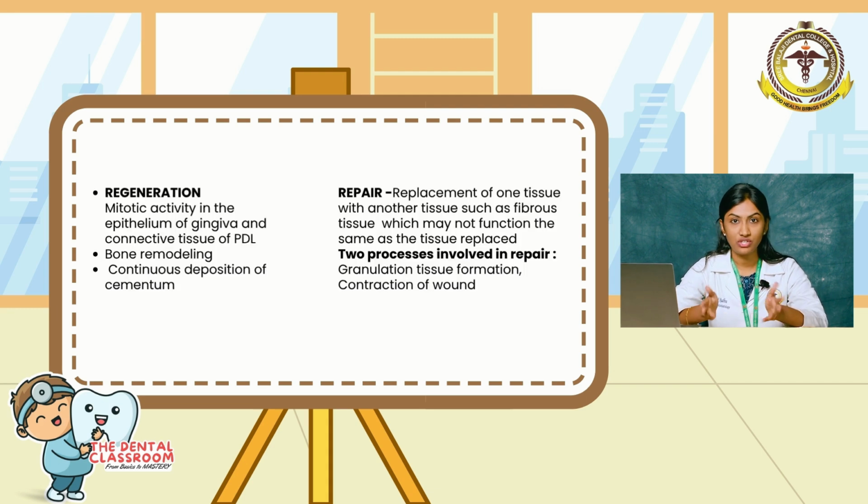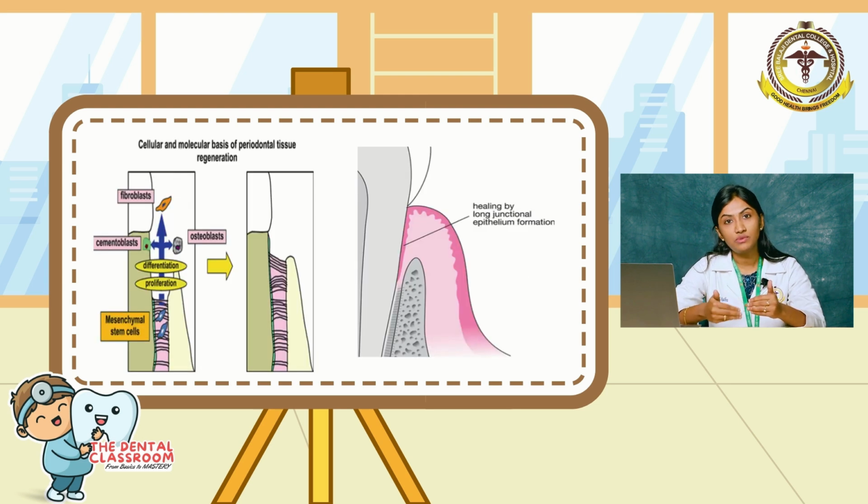What is regeneration? Regeneration is the growth and differentiation of new cells into new tissue. We are accumulating new cells so that they differentiate and produce a new tissue. This happens via the mitotic activity of the required cells in a more organized way. The cells involved in the regenerative process are cementoblasts, fibroblasts and osteoblasts.